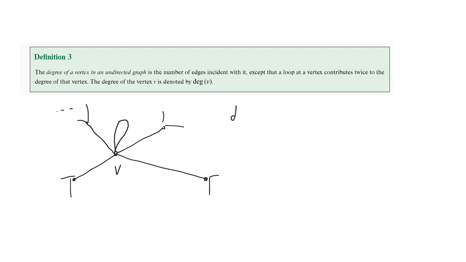The degree of V here is 6, because this is one edge incident, two edge, three edge, four edge, and one loop. So the loop contributes twice to the degree. Essentially, you look very near V and see how many arcs locally are connected to V.